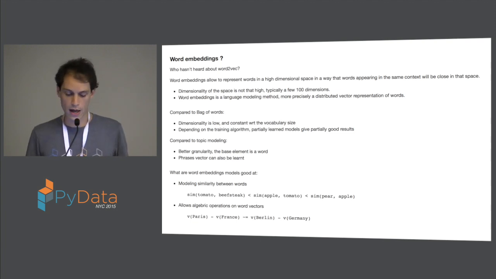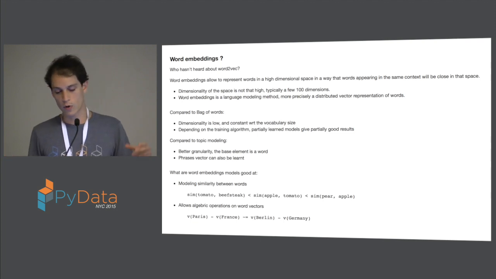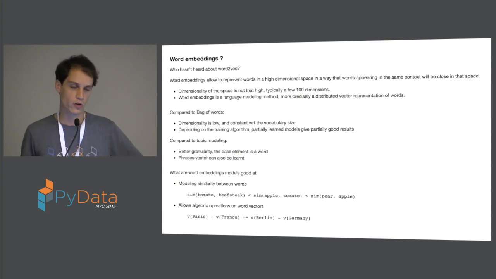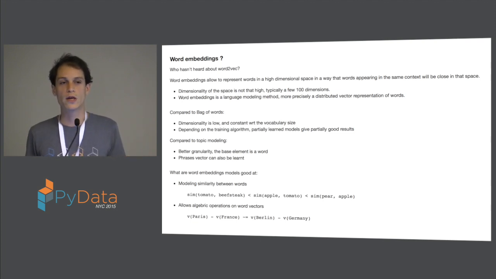Compared to topic modeling, I wrote better granularity because the base element is the word, but really it's a different thing you're studying. In both cases you have a corpus, but in topic modeling you're studying the meaning of a specific document in the corpus, whereas here we're studying the meaning of the words in my corpus.